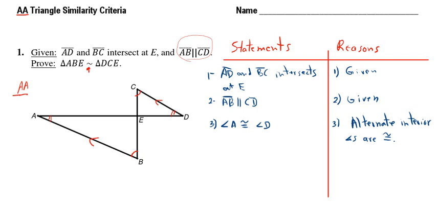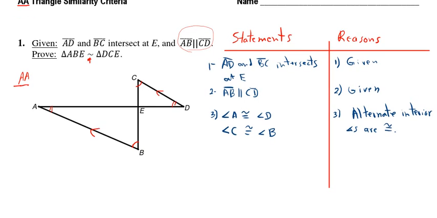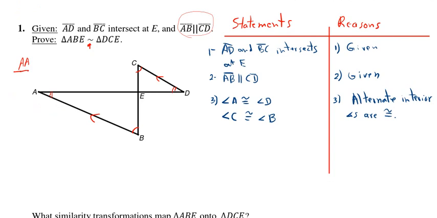So Giovanna, what can we say next? Okay, I'm going to put it here in the same statement because reason number 3 would also apply to that, and that's what allows me to put it in the same statement. So angle C is congruent to angle B, and they are both under the same reason. And what can we put next?